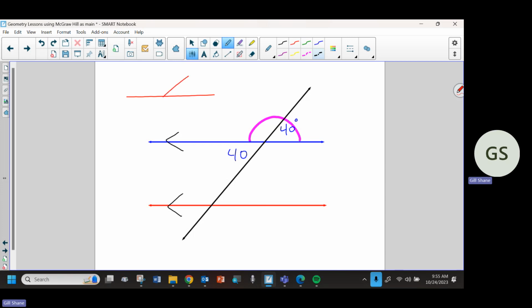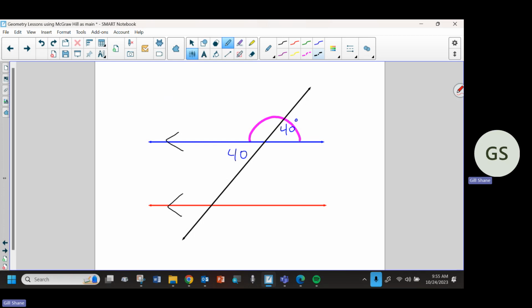So angle 1 plus angle 2 have to add up to 180. Not equal, they add up to 180, because the original line was 180 degrees, and I didn't change that line. I just split it into two angles. So 1 plus 2 has to be 180.